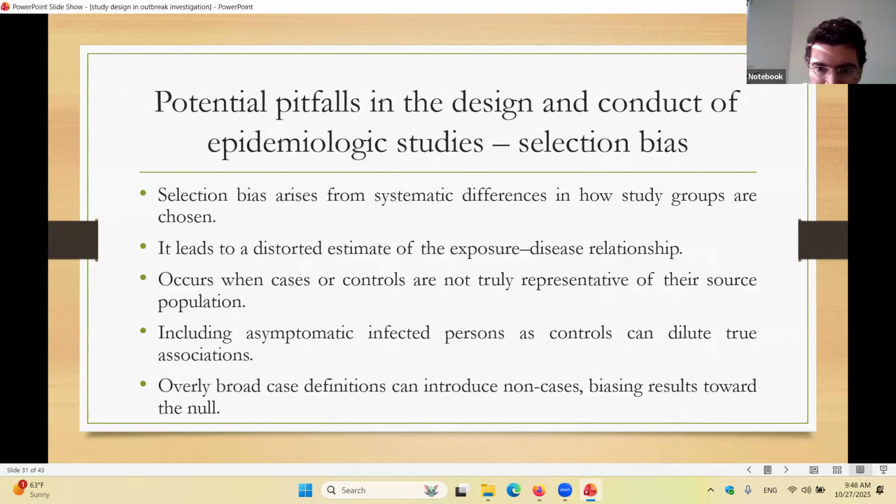It dilutes the association. It shifts your odds ratio or your risk ratio toward null, toward one. Over broad case definition can introduce non-case, biasing results toward the null also.